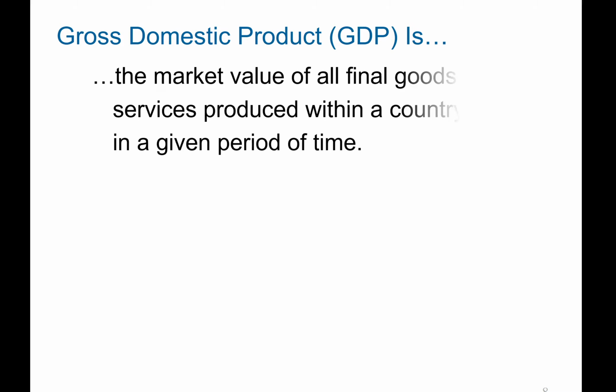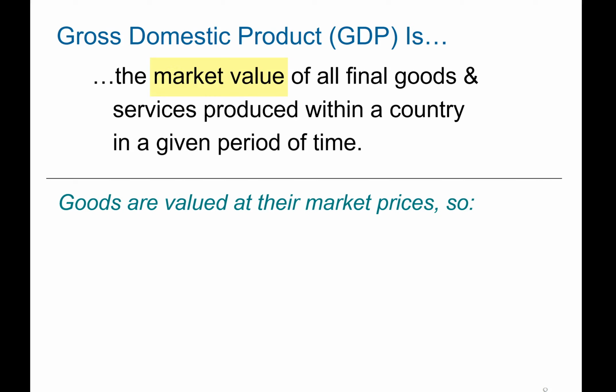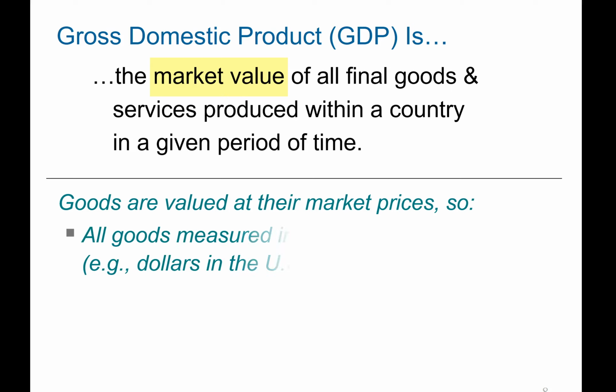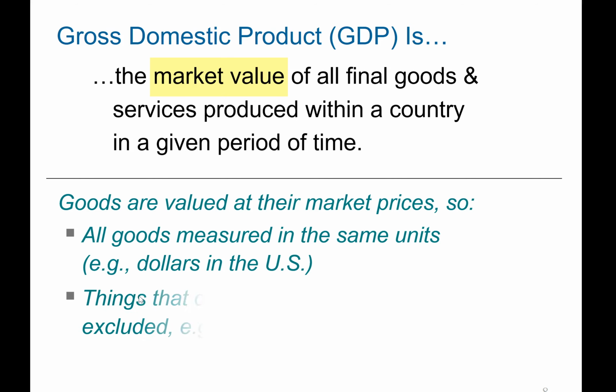So let's just define the concept of GDP, gross domestic product. Here's our definition of it. It's the market value, denominated in dollars, of all final goods and services produced within a country in a year, a given period of time. And the given period of time, of course, is 1 year. Goods are valued at their market prices, so we denominate everything in the same units, which in the U.S. would be the dollar.